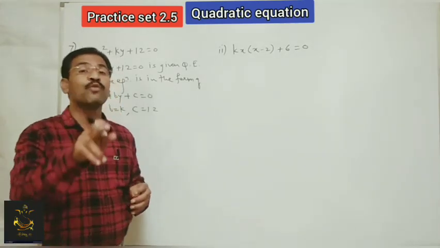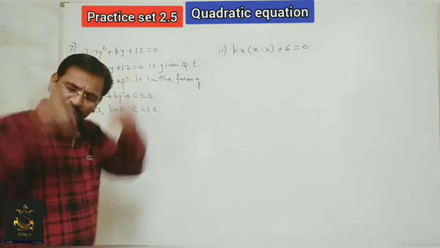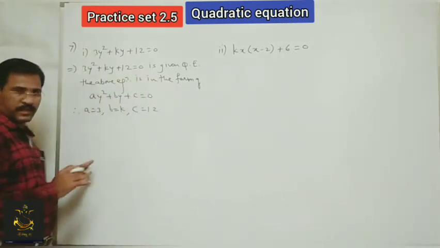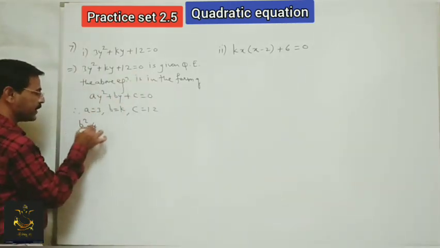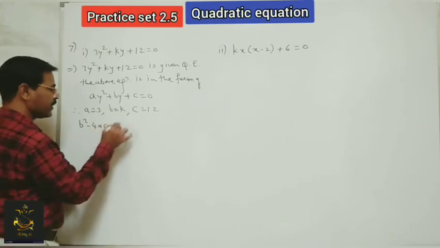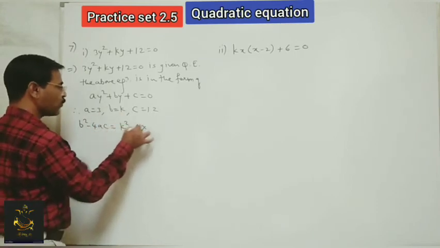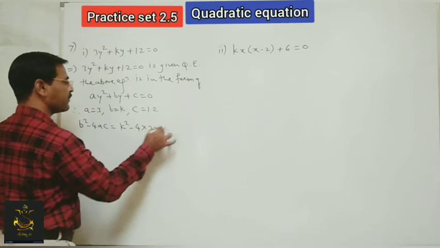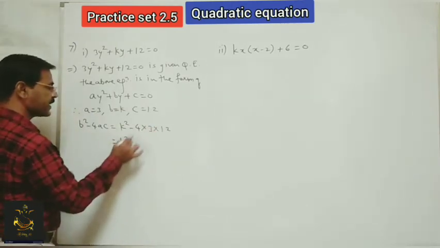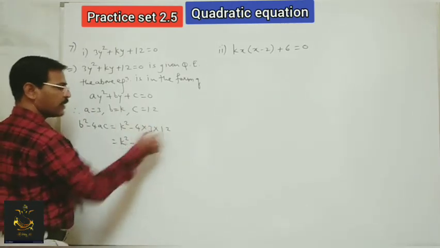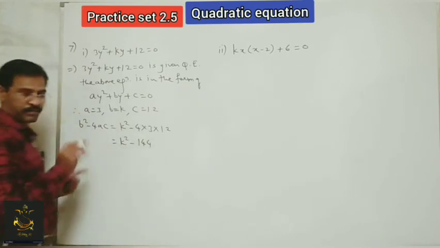Real and equal means what? B square minus 4ac equal to 0. So we will first find the value of b square minus 4ac, which is the discriminant. This is k square minus 4 into a for 3 and c for 12. So this is k square, 4 3s are 12, 12 12s are 144.